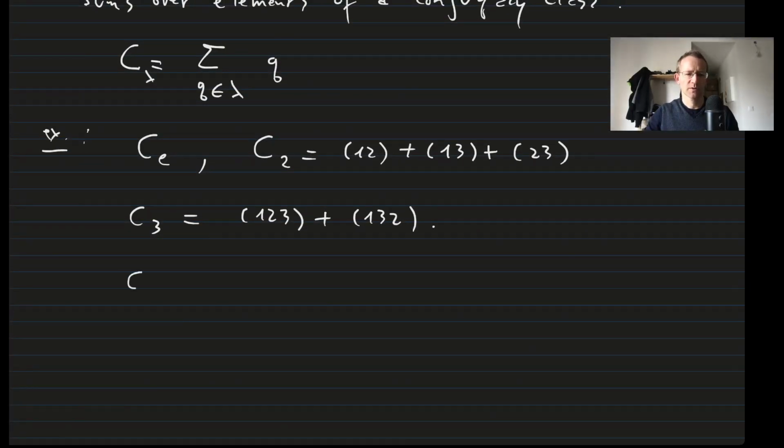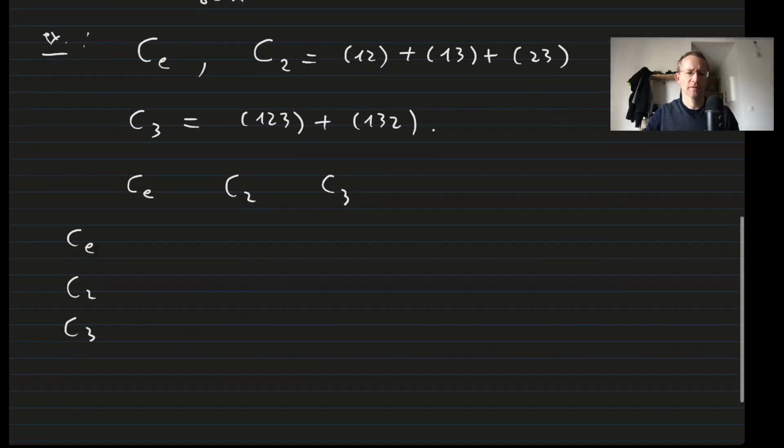So we make a table with CE, C2, and C3, and we're going to multiply them. And then the table of multiplication is that CE is the identity element. And so we can easily fill out the first row and first column.